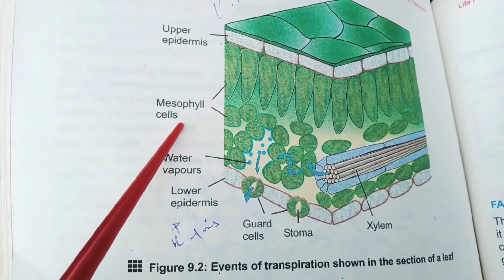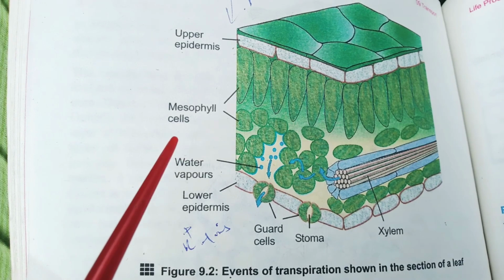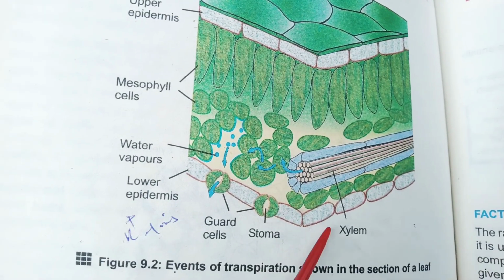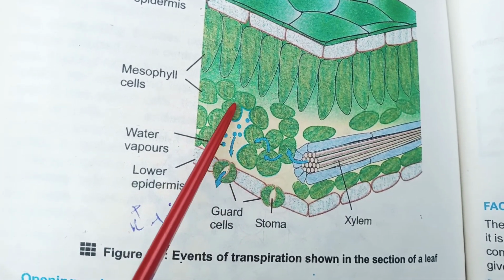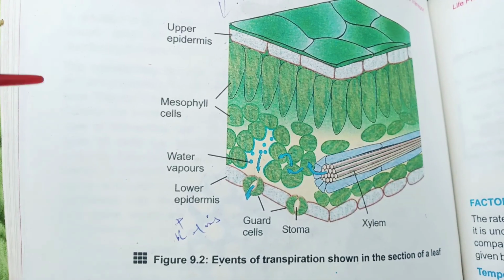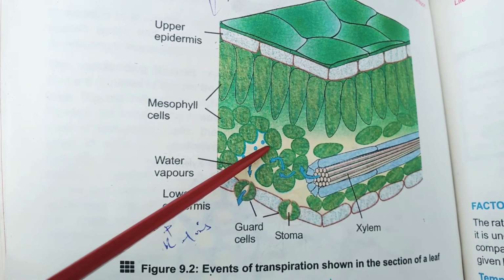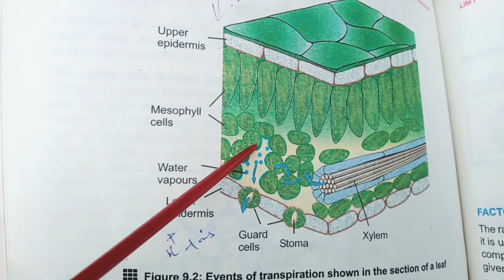These mesophyll cells provide a large area for evaporation. Water is drawn from this xylem into these mesophyll cells, from where this water makes a thin water film with the walls of mesophyll cells.